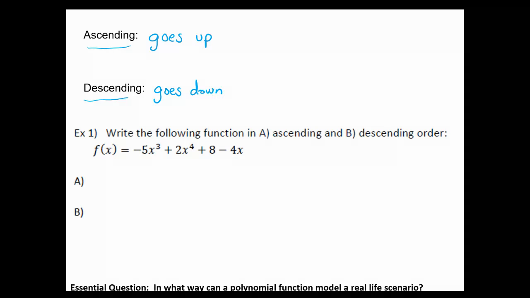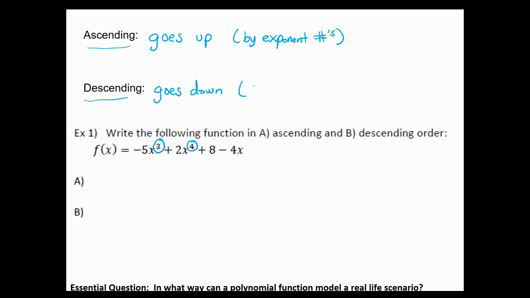Well, Ms. Arthofer, we're not talking about planes. We're talking about math. Okay, so ascending goes up by exponent numbers. And remember, the exponents are the little numbers that are hooked to the x. And so obviously descending, it's going to go down by exponent numbers. So if you want to add these into your notes, a little definition, make sure you know what that is.